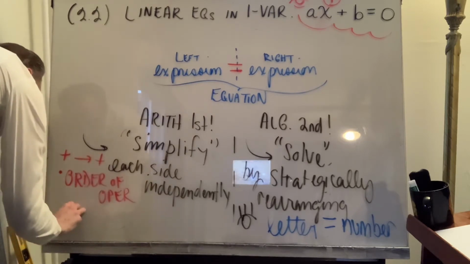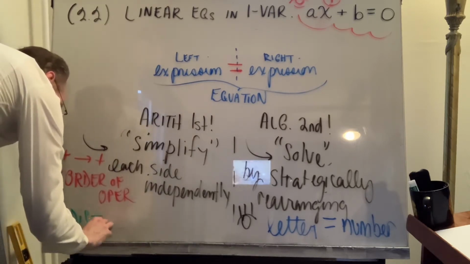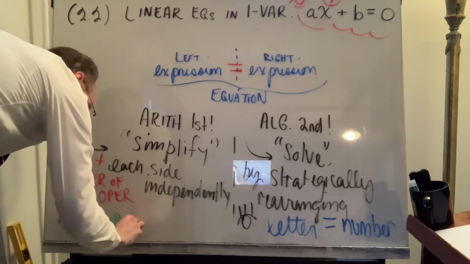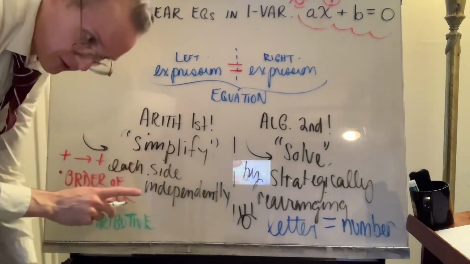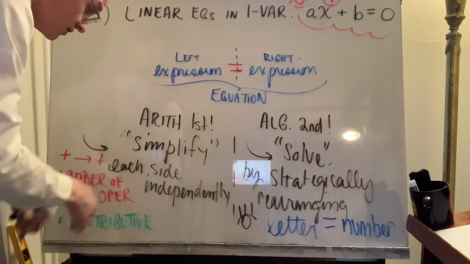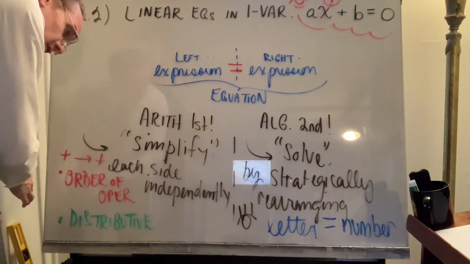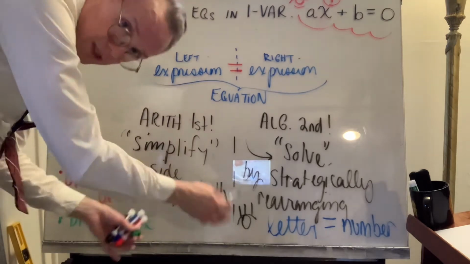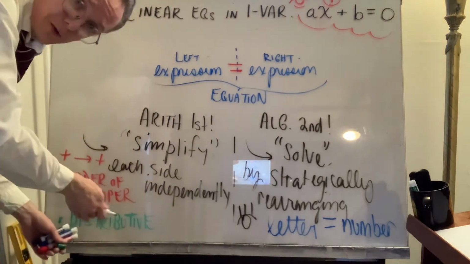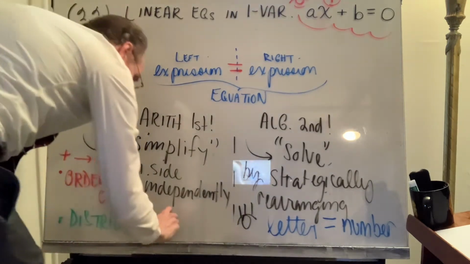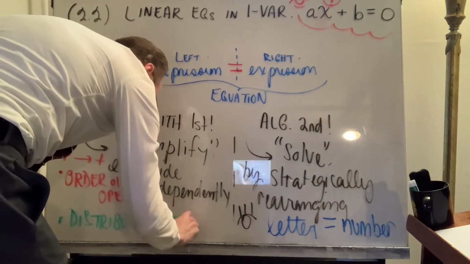Well, if you can't combine anything encapsulated in the parentheses, perhaps you can make the parentheses disappear by introducing the outside coefficient to each of the elements on the inside, each of the contents. How so? Distributive property is essentially multiplying the outside by the inside. So you would employ that technique.